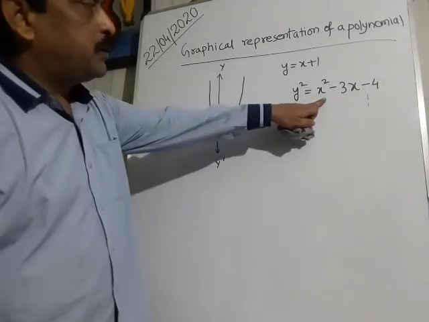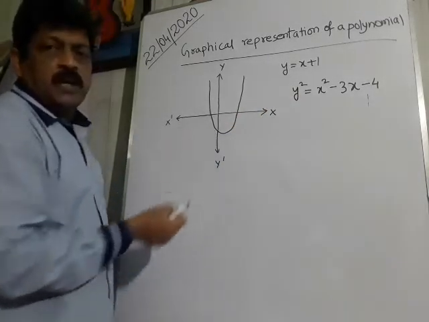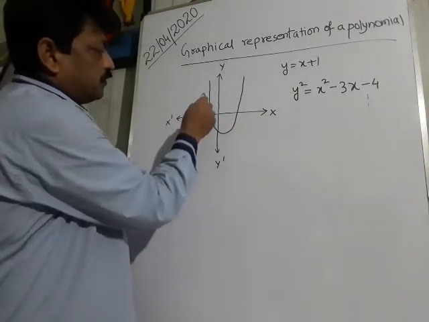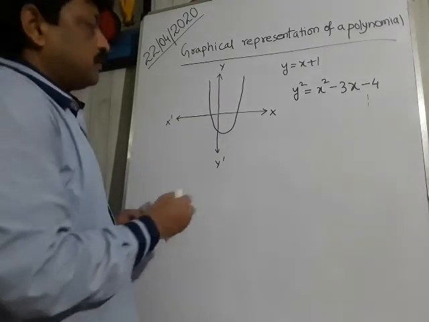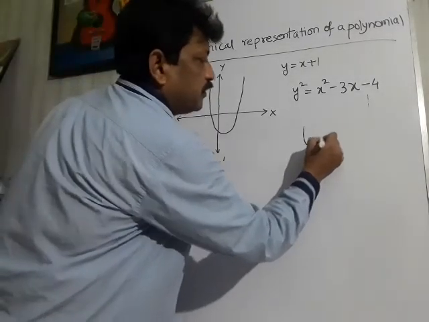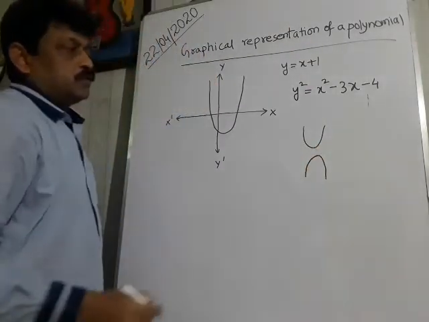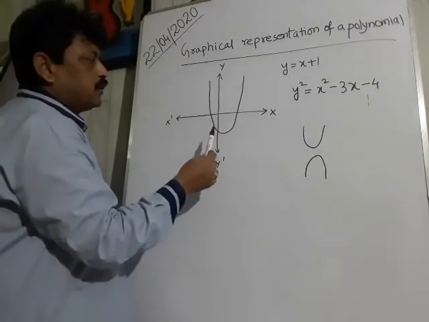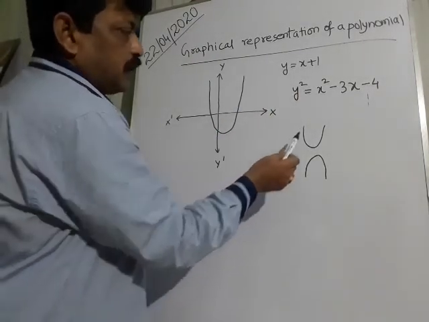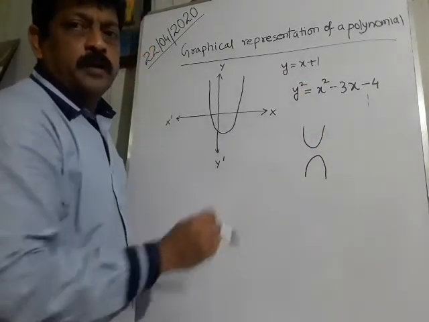This is a quadratic polynomial. So when the values of x and y are plotted in the graph, we are getting a parabola. It will be open upward or it will be open downward.